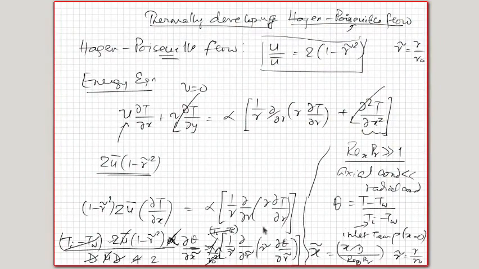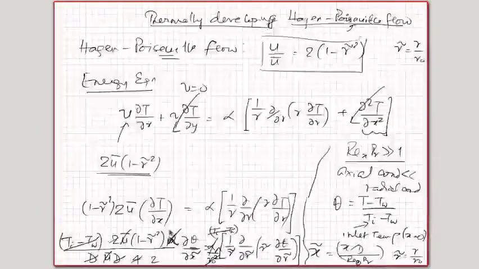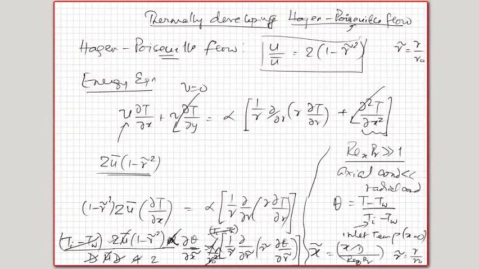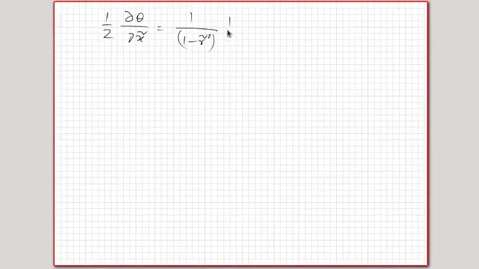So the right hand side will be entirely a function of r, and the left hand side will be entirely a function of x. So let me write that. So I get half of del theta by del x tilde is equal to 1 over 1 minus r tilde square into 1 by r tilde del by del r tilde into r tilde del theta by del r tilde.